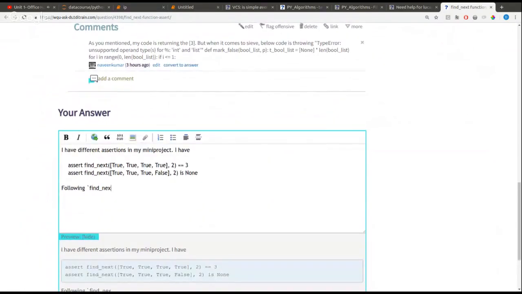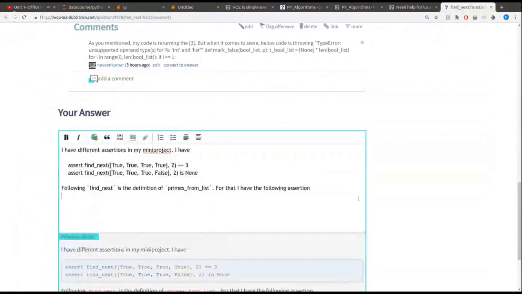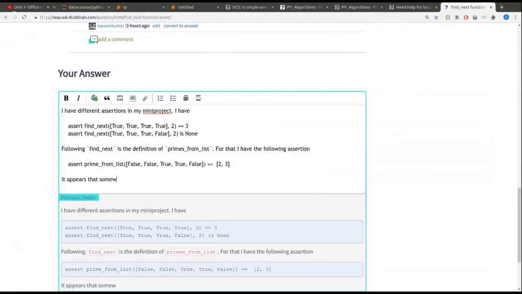Following find next is the definition of primes from list. For that, I have the following assertion. It appears that somehow your assertions for find next and primes from list have gotten mixed up.